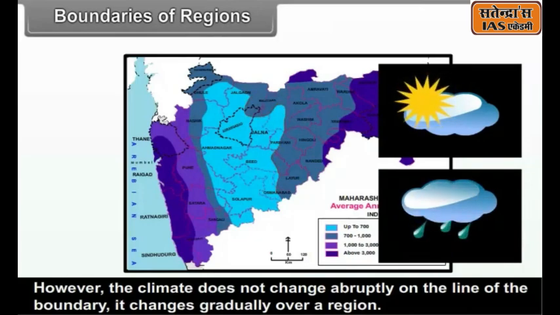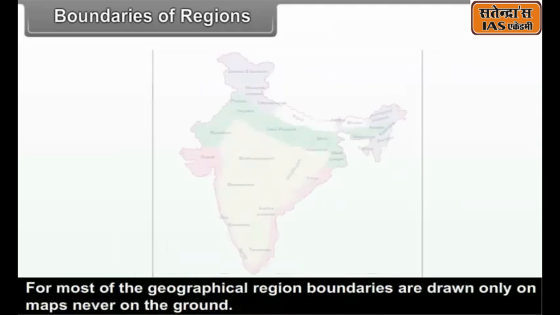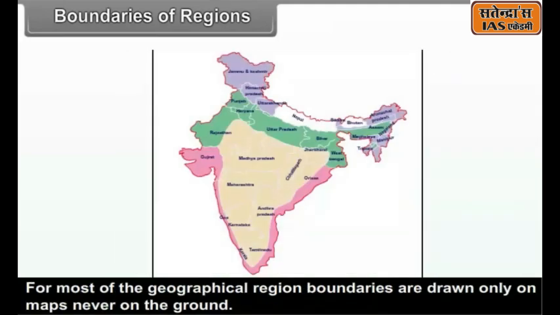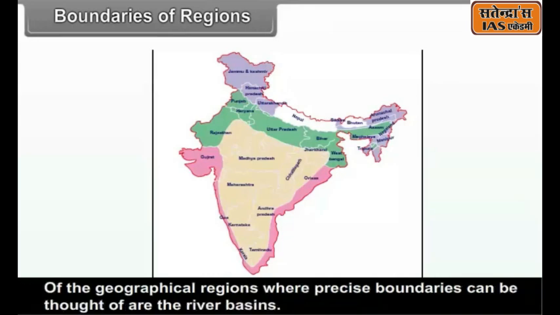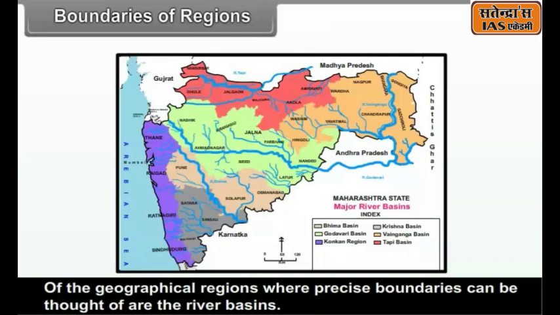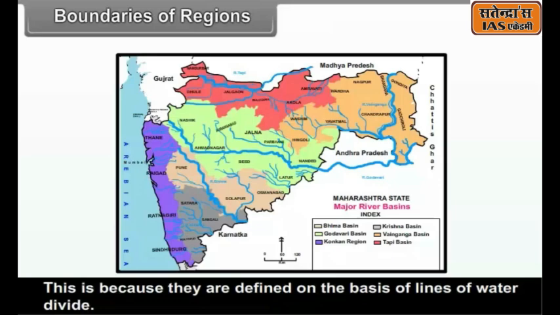It changes gradually over a region. For most of the geographical regions, boundaries are drawn only on maps, never on the ground. Of the geographical regions, where precise boundaries can be thought of are the river basins. This is because they are defined on the basis of lines of water divide.